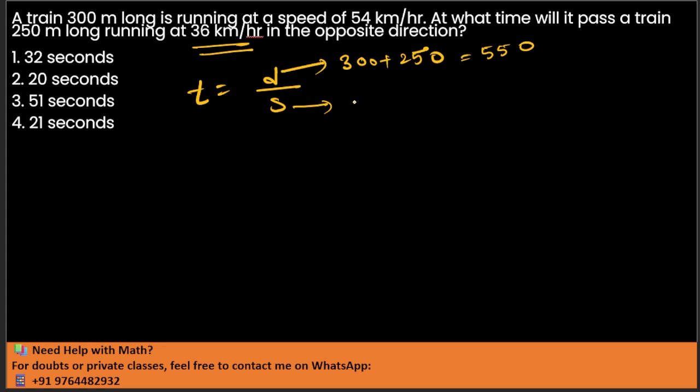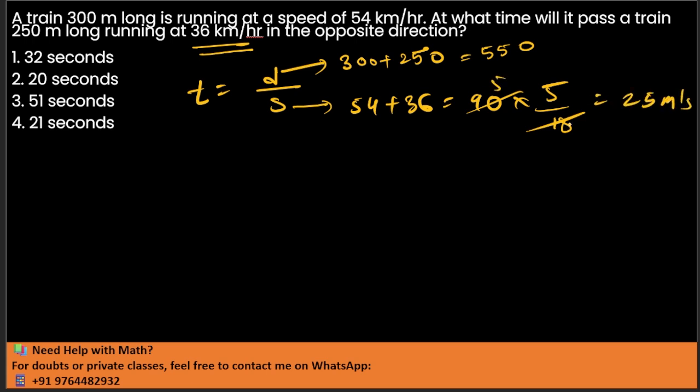So here the correction is that we have to take the effective speed as 54 plus 36, and this is equal to 90 kilometer per hour. So 5 upon 18, it will be 25 meter per second. So the effective speed is 25 meter per second. All right, so time is equal to 550 divided by 25.